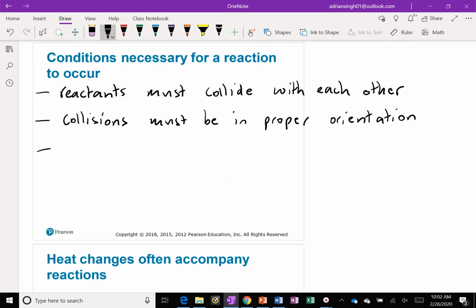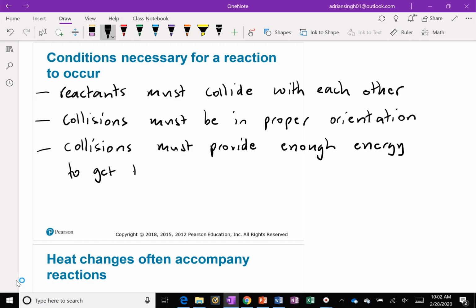And then the third criteria here is that those collisions, when they do happen in the right orientation, they must collide and provide enough energy to get the reaction going. And we call that the activation energy.